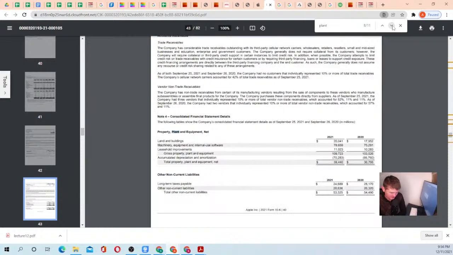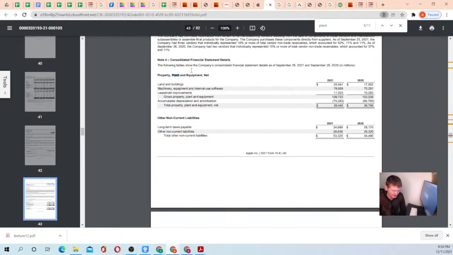What else do we have for property, plant and equipment? Okay, we have a breakdown by types of assets: land and buildings, machinery, equipment and internal use software, leasehold improvements, gross property, plant and equipment, accumulated amortization.